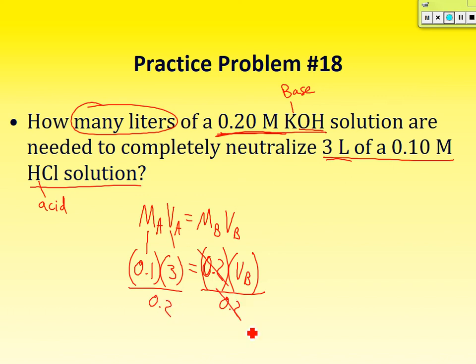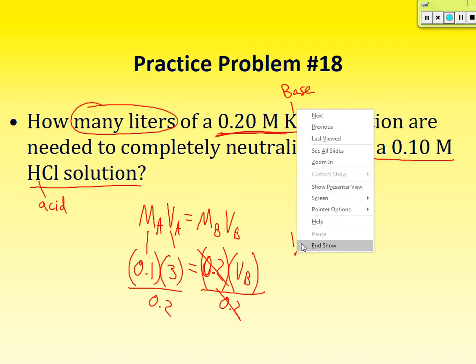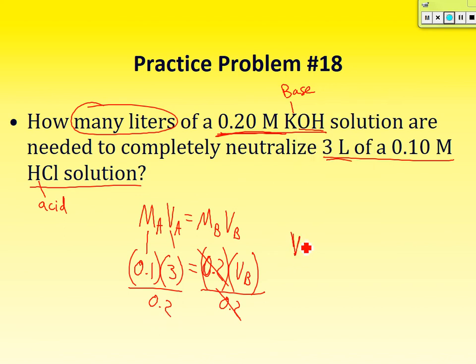And so on the left side, if you take 0.1 times 3 and then divide it by 0.2, you will have your answer. So 0.1 times 3 is 0.3. Now divide that by 0.2. And Vb, the volume of the base, I'm getting was 1.5.